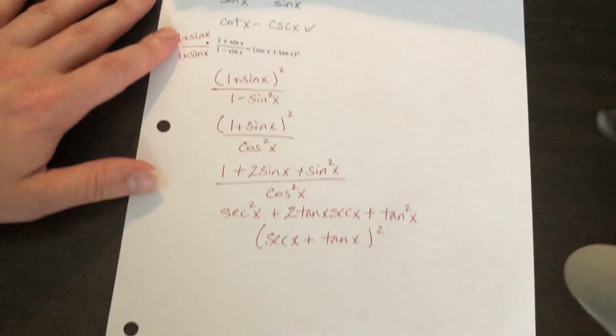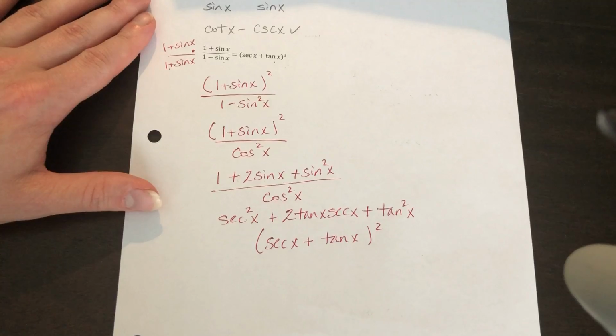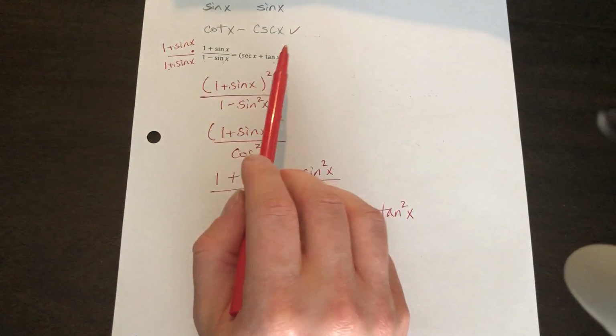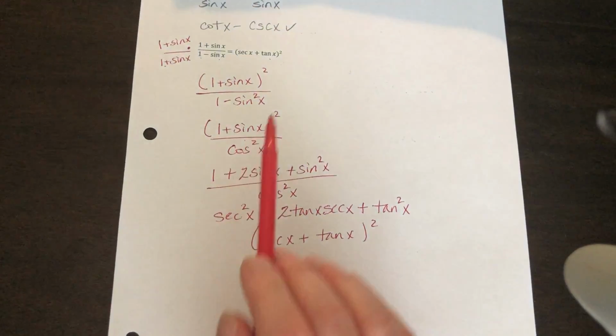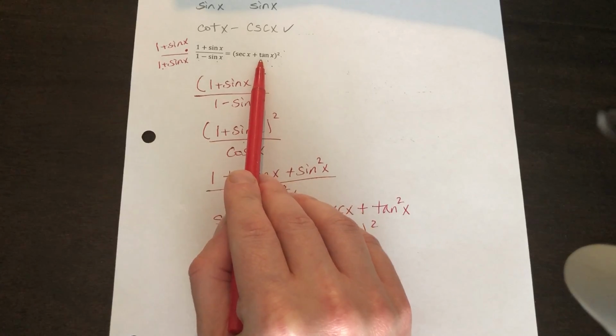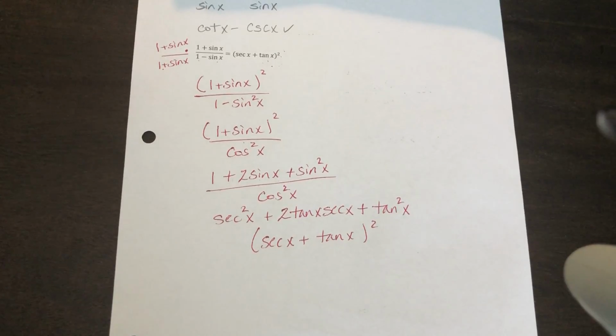So this was a tough problem. You're going to have 1 or 2 of these that are a little bit more difficult. If you wanted to check yourself too, you probably could have got to this step right here, and then I could have FOILed this out and got it in terms of sines and cosines and been okay on this. It just depends on which way you want to work it.